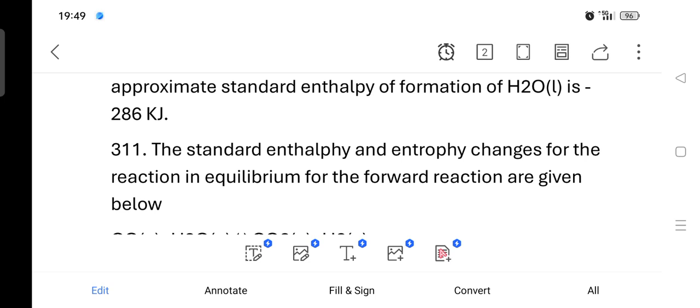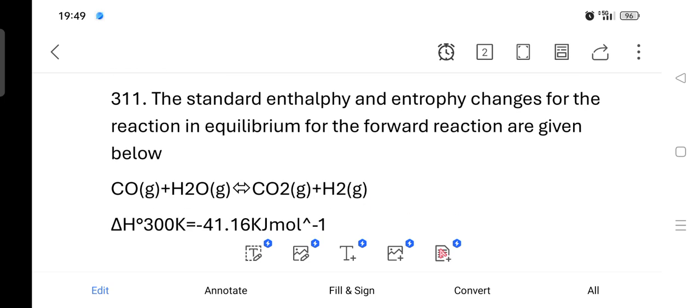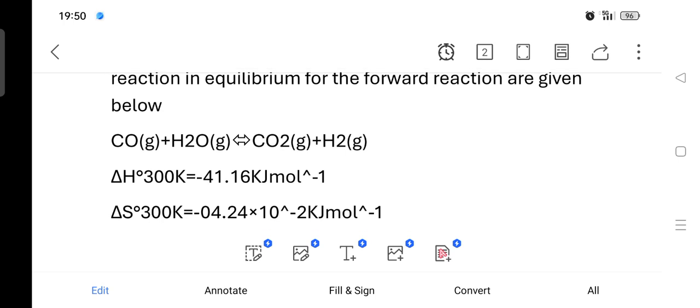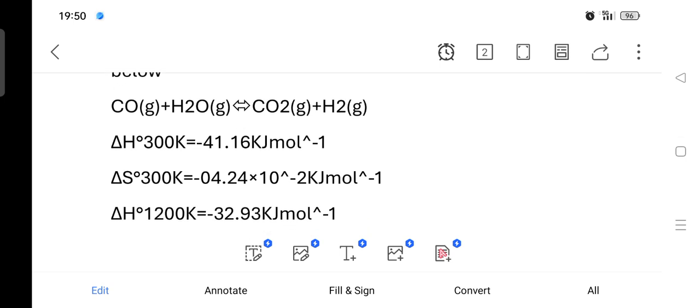286 kilojoule. The standard enthalpy and entropy changes for the reaction in equilibrium for the forward reaction are given below. CO gas plus H2O gas gives CO2 gas plus H2 gas.